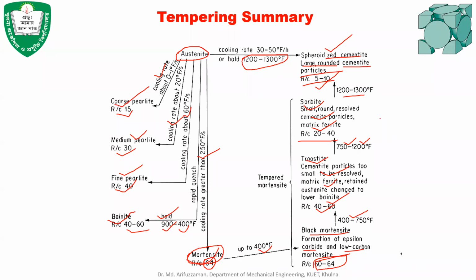Okay, for tempering, there can be two different methods. The first method is that you produce 100% martensite, then you heat it up at 400 degrees Fahrenheit or 750 degrees Fahrenheit or 1200 degrees Fahrenheit. And the second method is that you cool it rapidly, at 250 degrees Fahrenheit per second, and keep it at a certain temperature, like 400 or 750 degrees Fahrenheit.